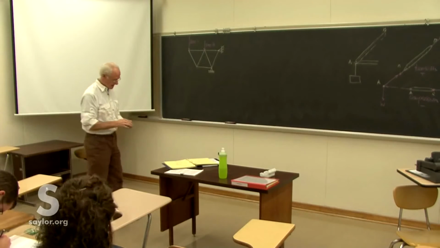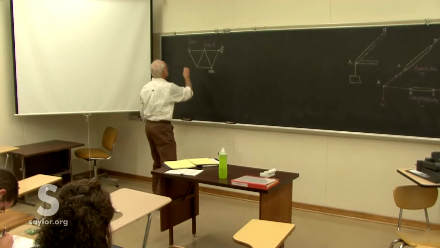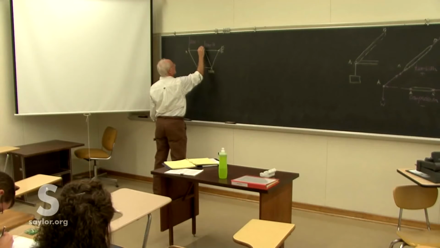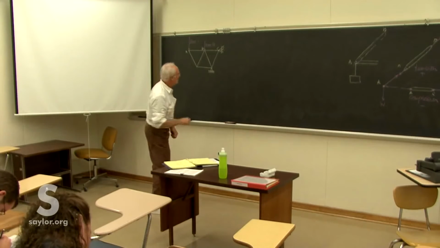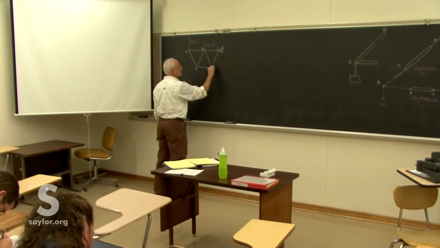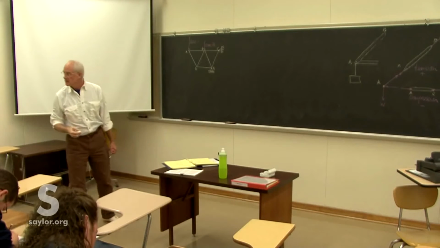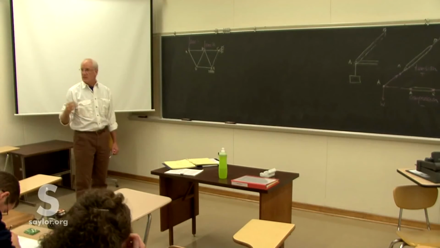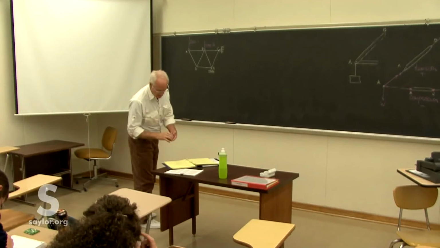Okay, so there's the basic setup. Label the pieces for reference so we're all talking about the same thing. A, B, C, D, and E. There'll rarely be a joint F because F means force. So if you need that in the problem, we reserve it for that case.